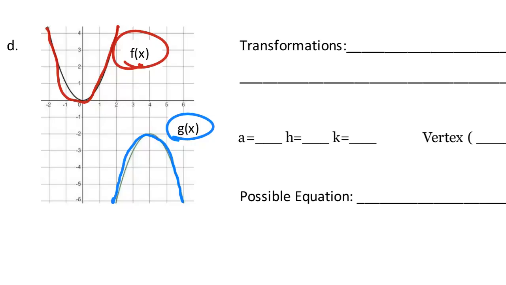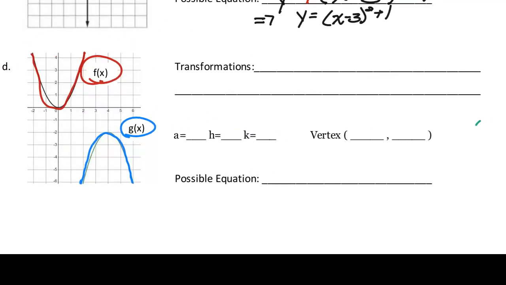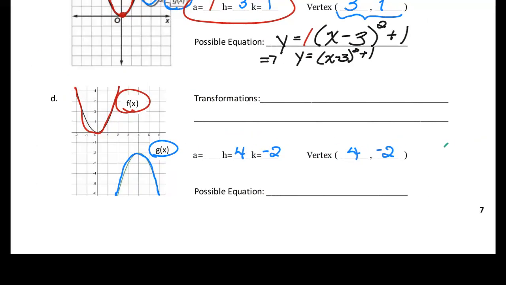Alex, what's my vertex? 4, negative 2. Very good. What else is 4, negative 2? My h and my k, right? What's my a value here? Negative 1, because we're going down.